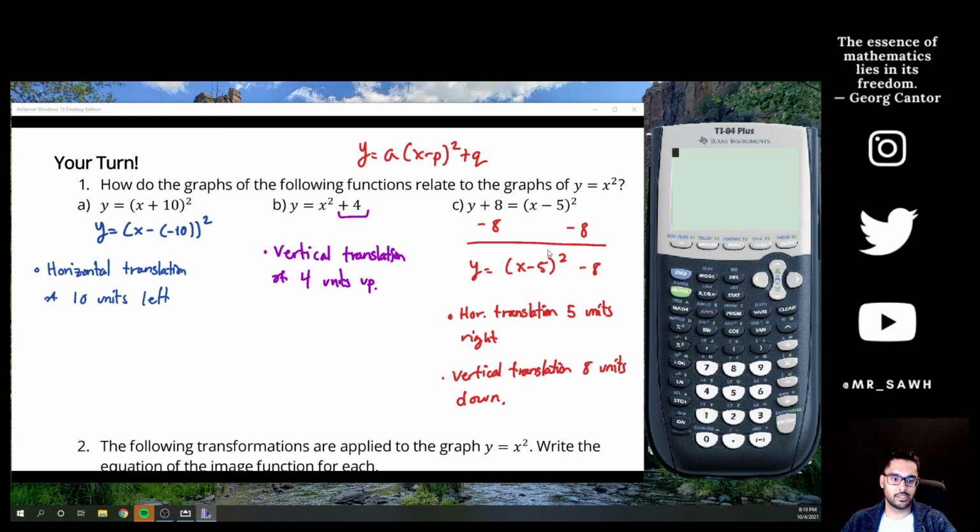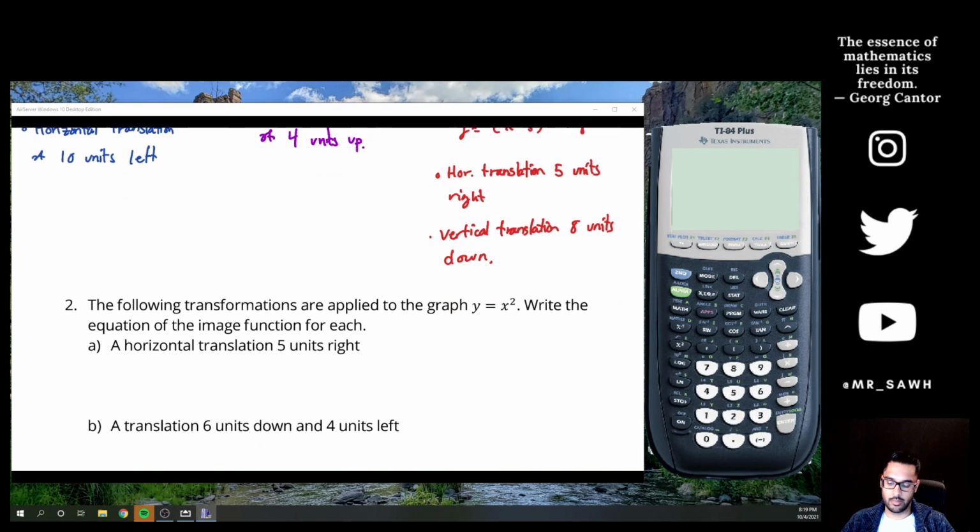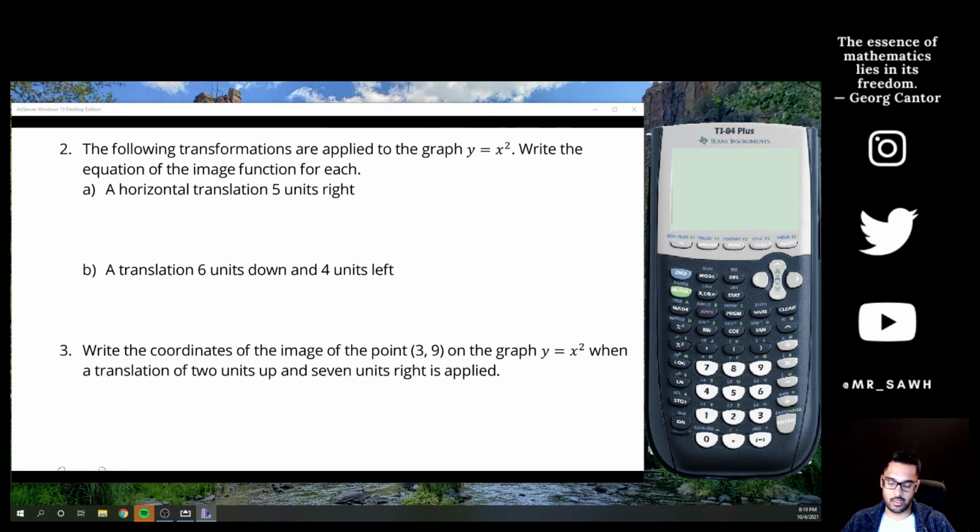There's my directions. Okay, number 2, the last couple things on here. The following transformations are applied to this graph, x squared. Write the equation of the image function. The image function is just the new one after the transformations have been applied. If we start with our x squared, the A says we've got a horizontal translation 5 units to the right.